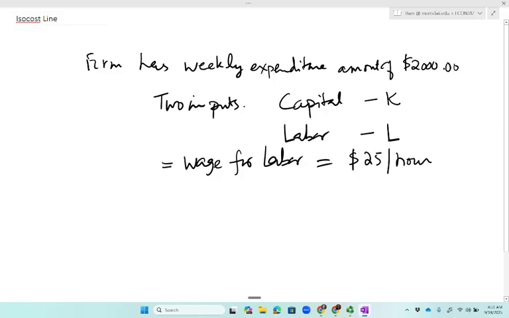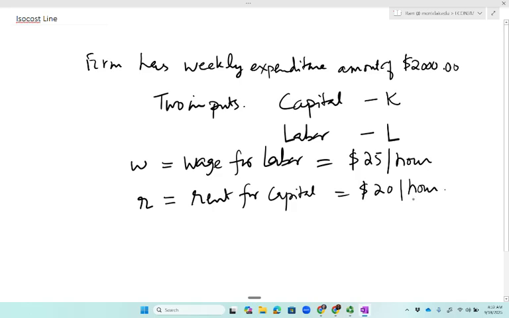I will use symbol W for wage, and then rent for the capital. I will use symbol R for capital, is given out to be $20 per hour.